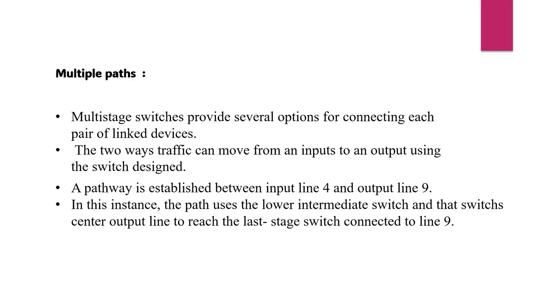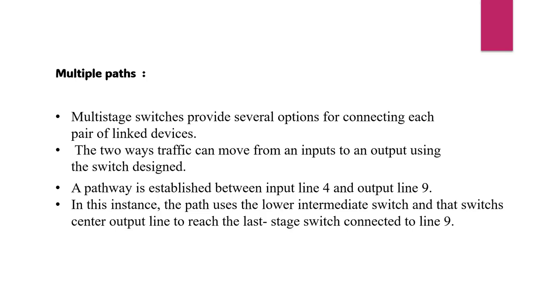Now, how do we connect one side to another device using multiple paths in the multi-stage switch? Multi-stage switches provide several options for connecting each pair of linked devices. There are two ways traffic can move from an input to an output using this switching design.